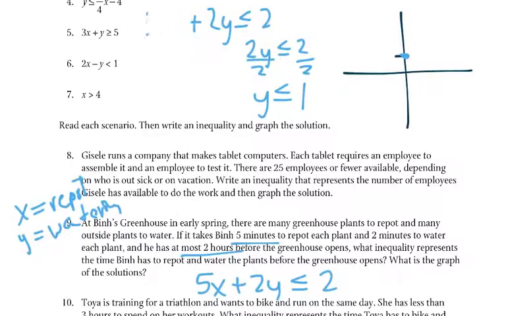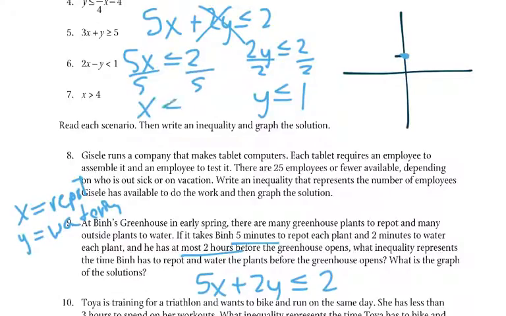Okay, then we cross out the y, so we have 5x is less than or equal to 2. For the x-intercept, we divide by 5, and x is less than or equal to 2/5, which 2/5 is about 0.4. So on the x-axis, I go almost halfway, draw my point.